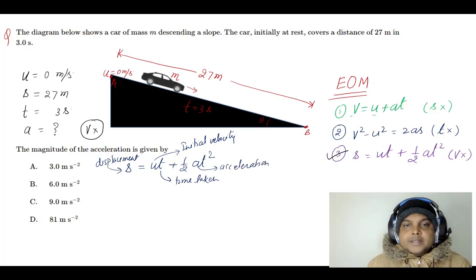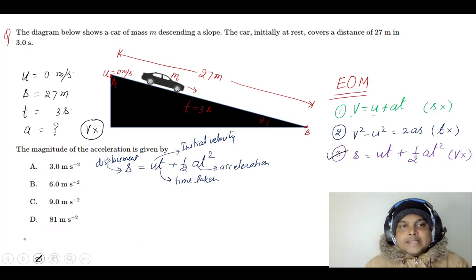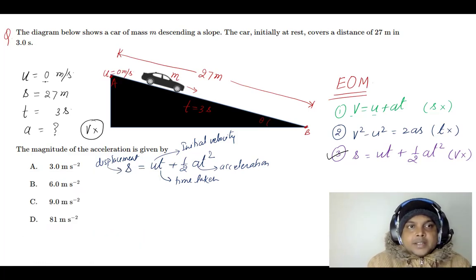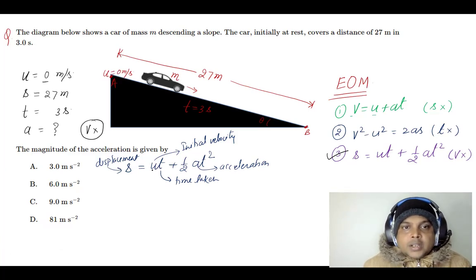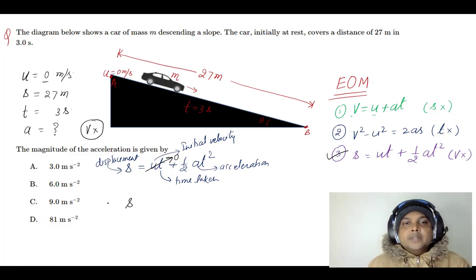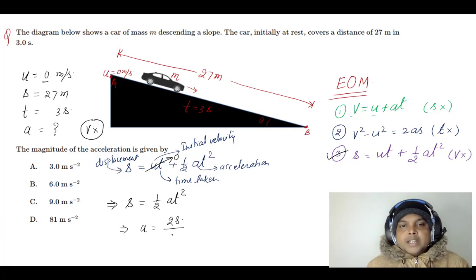Please understand, in this particular question we have an initial velocity of zero because the journey started from rest. So this term becomes zero, and we have the final equation s = ½at². To find a, a = 2s/t².